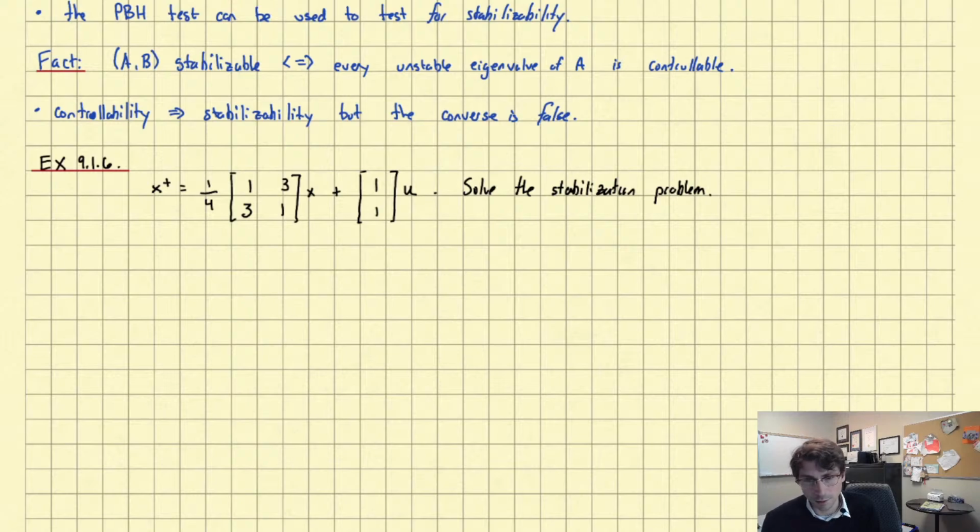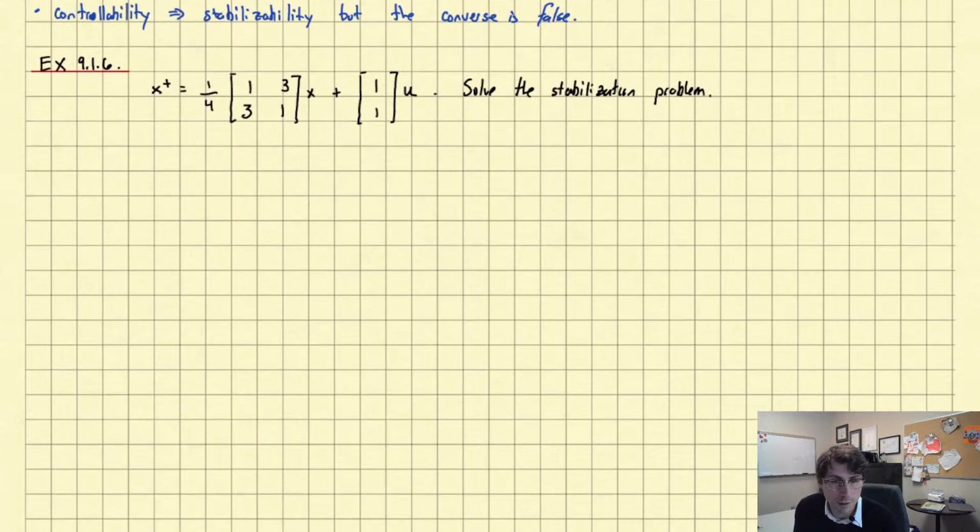Okay, and then we will design our controller. So let's do what we would normally do. The first thing we do is check controllability, because if it is controllable, then clearly we can solve stabilizability. We check our controllability matrix.